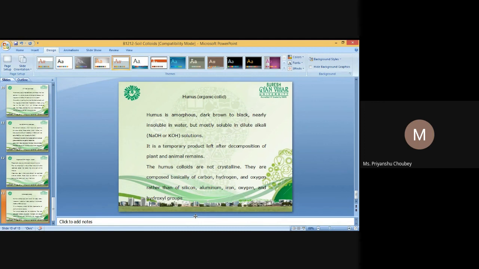That is, moist length at field capacity minus dry length, upon dry length. Linear extensibility is the product of thickness and COLE of a particular horizon, and it sums up to 100 centimeter or so.